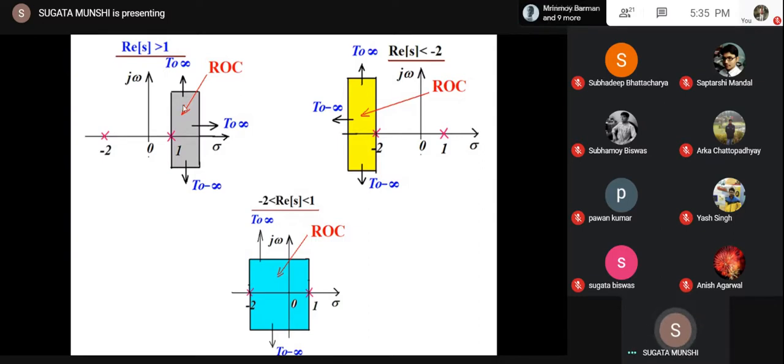So this one will result in a causal signal, that one will result in an anti-causal signal, and the third one, where the real value of s extends from minus 2 to 1, will result in a two-sided signal, non-causal signal.